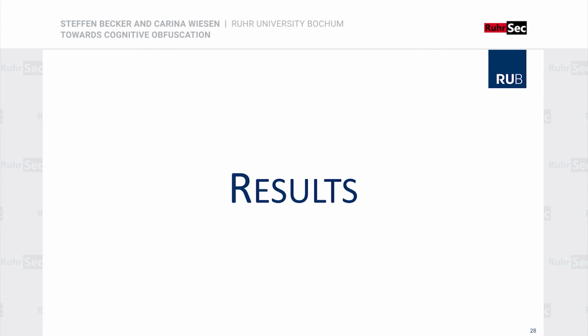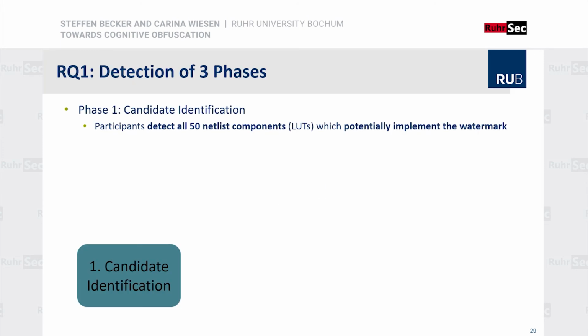In the following, we will present a selection of our results regarding research questions 1, 3, and 4. Let's briefly recall our phase model and define its meaning in the context of the study task. In phase 1, analysts identify components of interest.